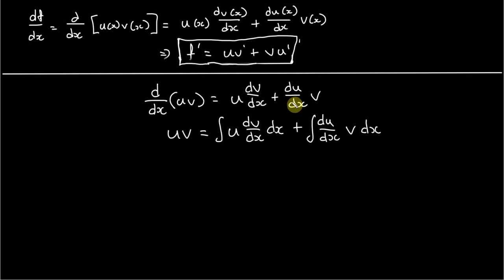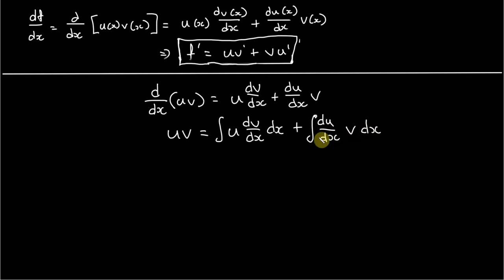Now all we want to do is essentially rearrange this, and we are going to have our formula for integration by parts. Notice we're just integrating du by dx times v with respect to x.